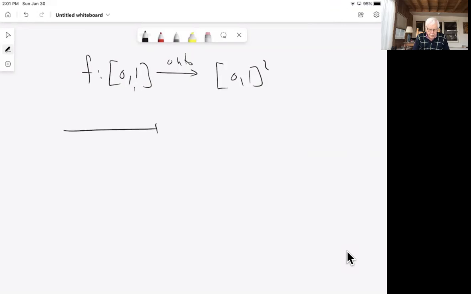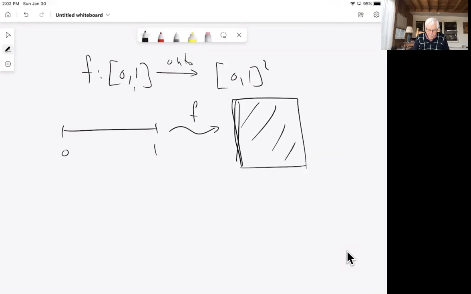So basically, we're going to take the unit interval. F will map every point of the unit interval somewhere into the unit square. And this mapping will be onto.